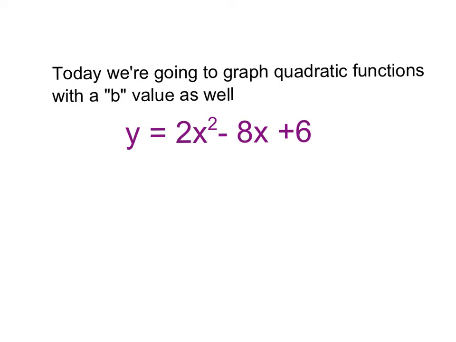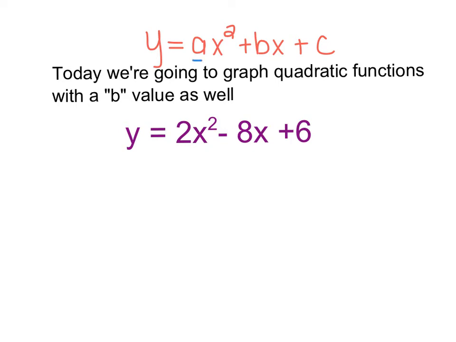A quadratic function that is written in standard form is y equals ax squared plus bx plus c. This is when we have a quadratic where everything is multiplied out and we've combined all of our like terms.